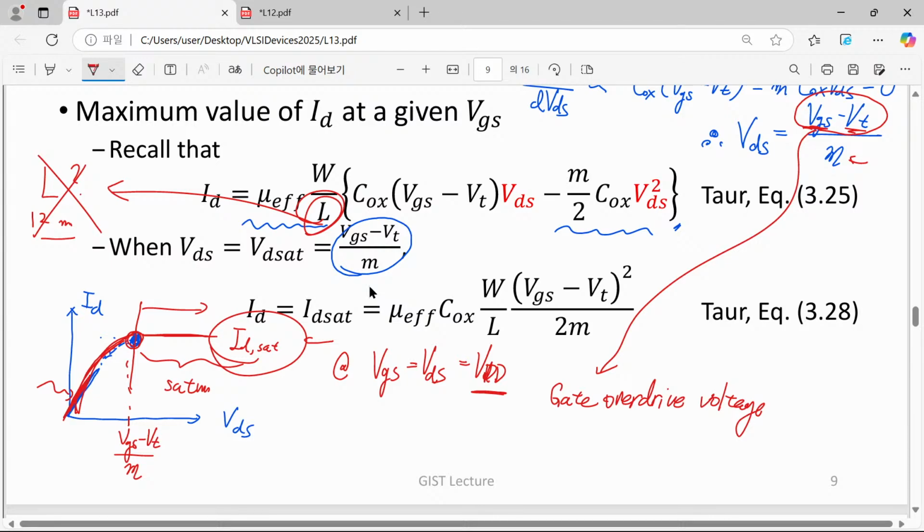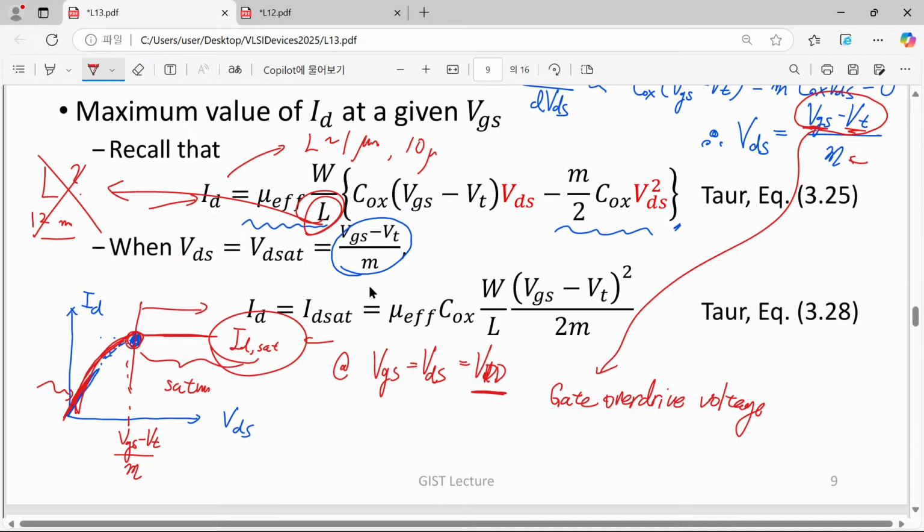Please note that our theory is only valid for orders like 1 micrometer, 10 micrometer, 100 micrometer. These extremely long channel devices can be covered by this ID expression.